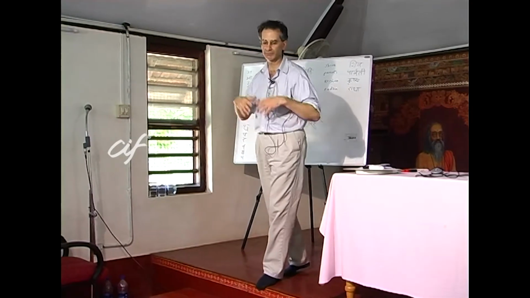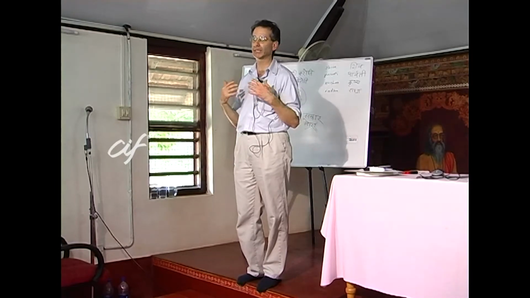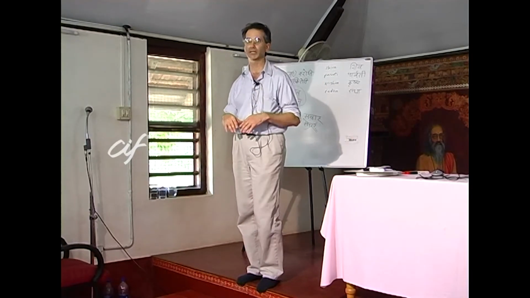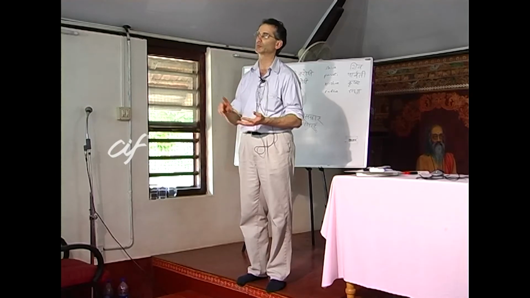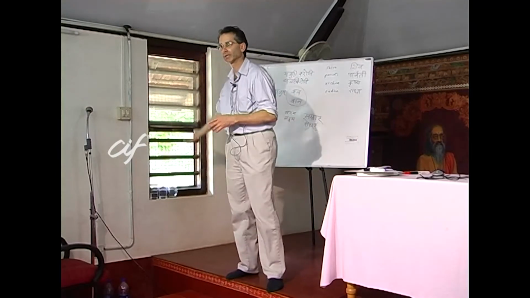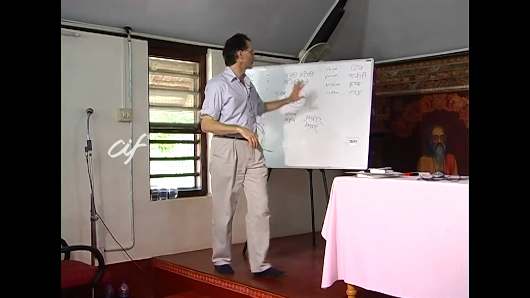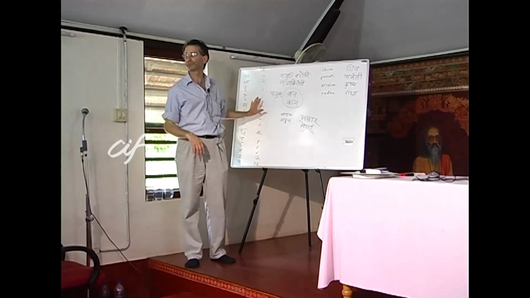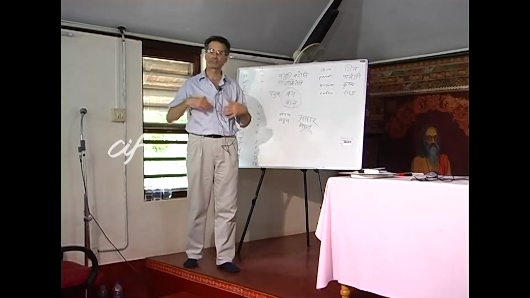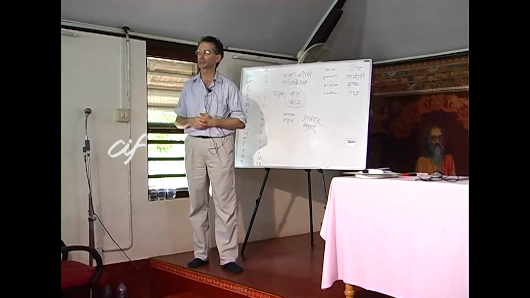So knowledge can be communicated in various ways. It can be communicated through speech, through motion, through static visual display. All of these are different methods of conveying knowledge.